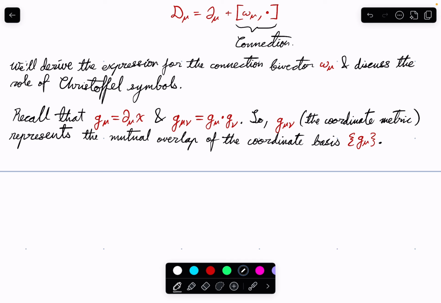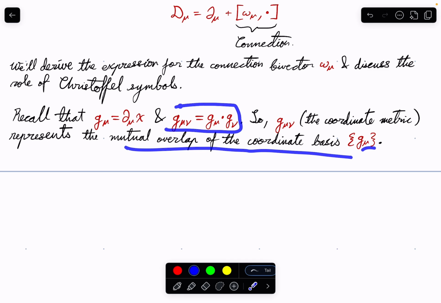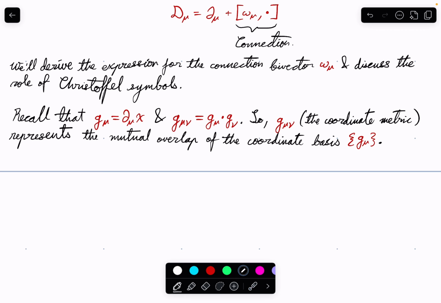This is the coordinate metric, right? And so the coordinate metric represents the mutual overlap of the coordinate basis, which is seen in this equation right here.